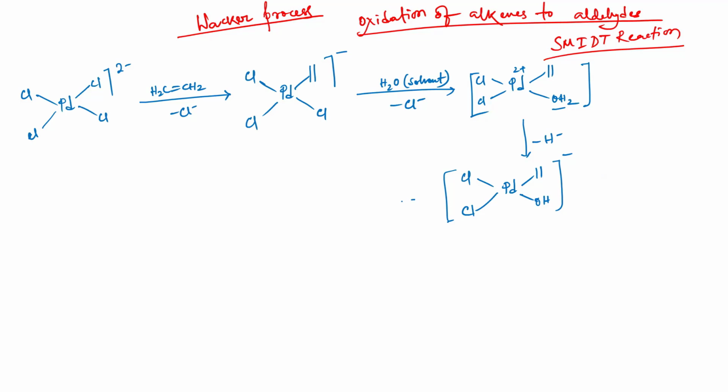Now another molecule of water, or you can say solvent, will be added to the complex. Because of the addition of water, this OH will move from palladium to the carbon of the alkene, and the complex will look like this.